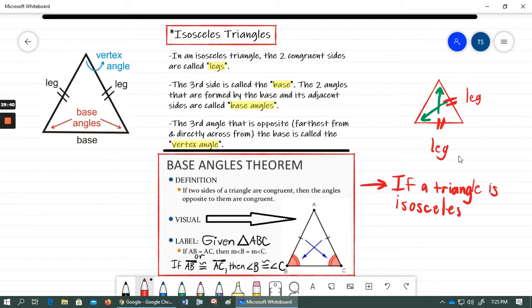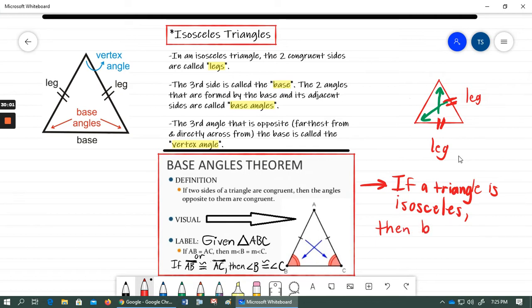So what they're saying is that if you are certain that a triangle is isosceles, then what must be true is that those angles that are opposite of those legs, in other words, your base angles, must also be congruent.